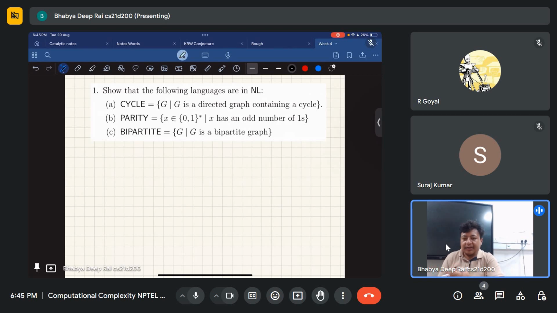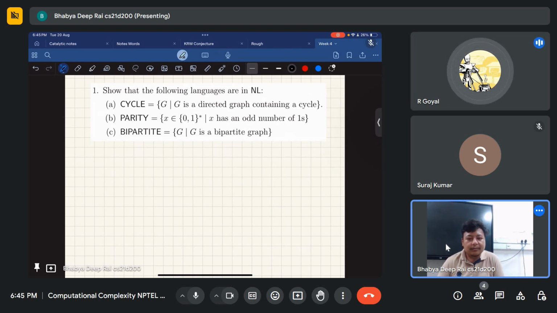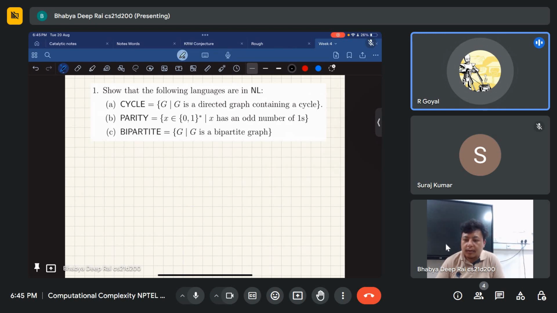So the question says, show that the following languages are in NL. Here are three languages. Can you think of why these languages are contained in NL? The first one, cycle. I'm not sure of bipartite, but for the first two problems, we just need counters, for example to know whether this set of vertices is forming a cycle.